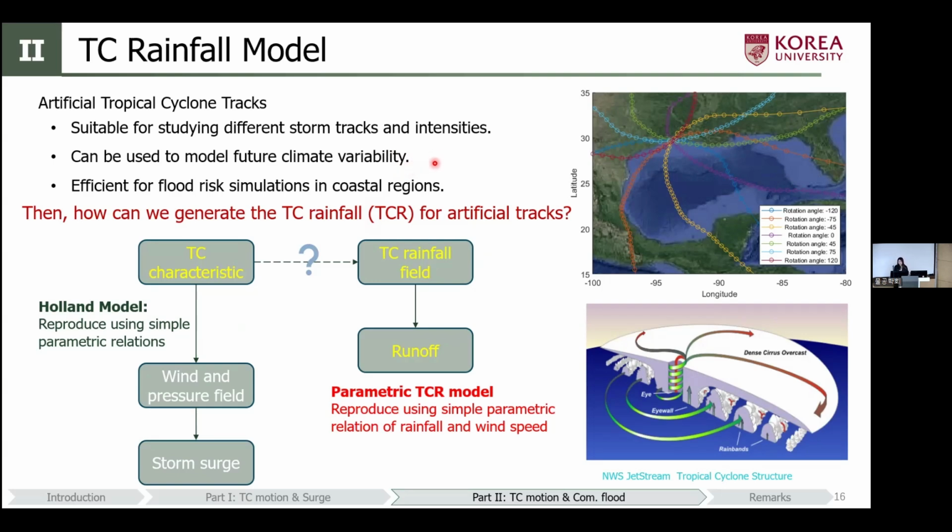But if we want to do a quick and simple evaluation, we should have our new method, which can simply generate the TC rainfall and also cover the rainfall characteristics. So we are thinking about how we can revise the Holland model, which is the parametric model of the wind field, into a rainfall model.